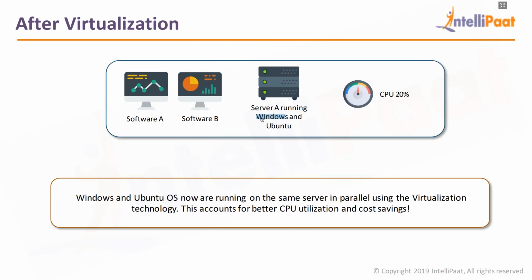How can you install two operating systems on one physical server? That can happen because of virtualization. Virtualization tools include Hyper-V, Xen, and VMware, which is quite popular. By using these hypervisors, you can virtualize your hardware and install multiple operating systems on your physical server.